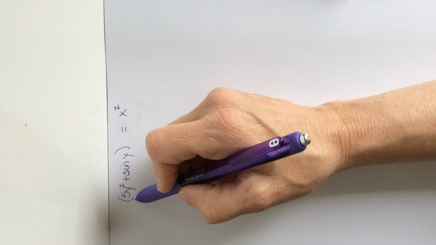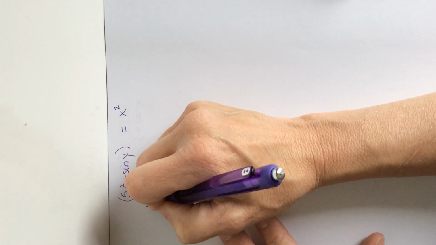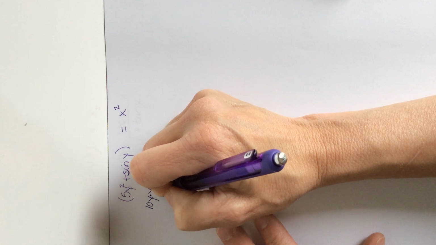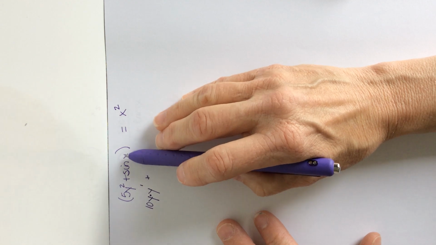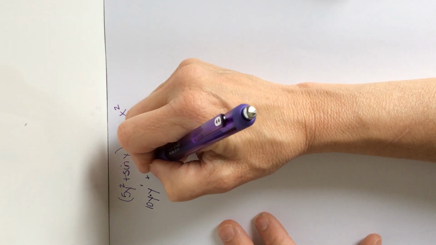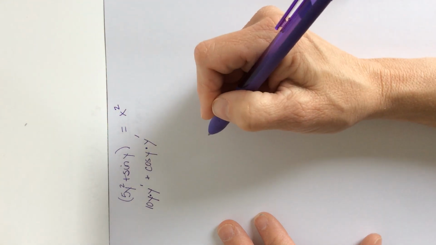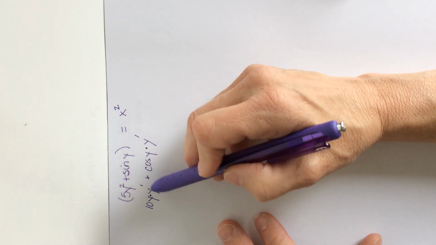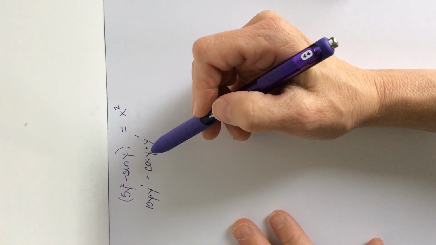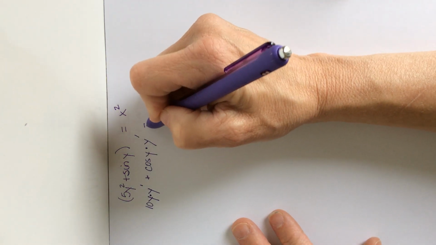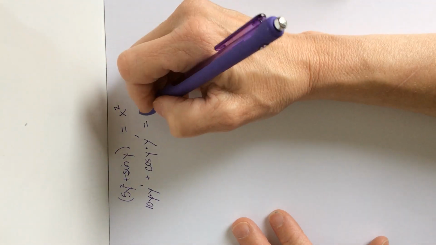The derivative of 5y squared will be 10y times y prime, plus the derivative of sine of y is going to be cosine of y times y prime. Remember that variable is y, just as it is here, so you have to multiply by y prime. Okay, then that will equal the derivative on the right, which is going to be 2 times x.